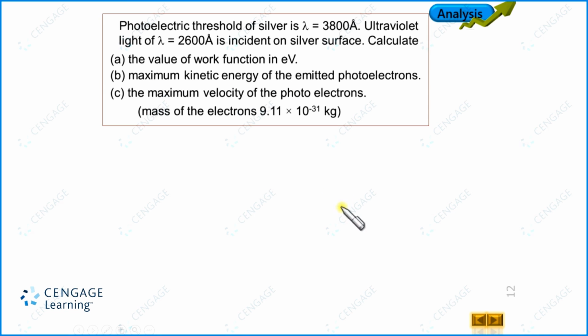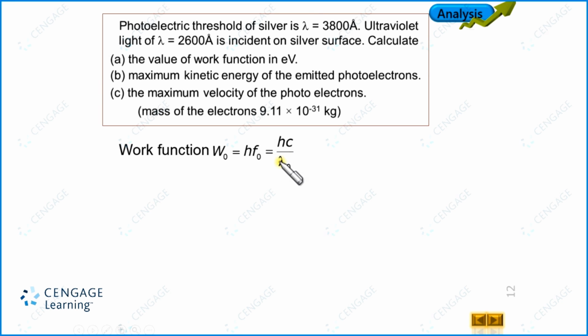For the first part, we are going to analyze the A part, the value of the work function. We have the relationship between the work function and threshold frequency, and finally the threshold wavelength. So we can write the work function equal to h f naught, further h c divided by lambda naught.